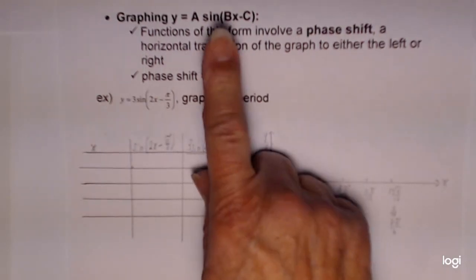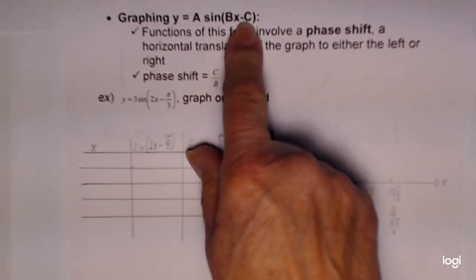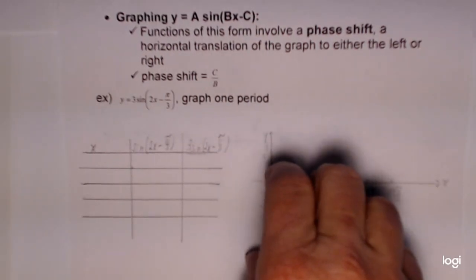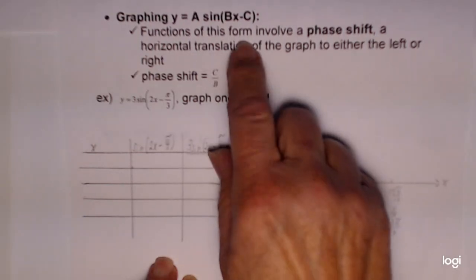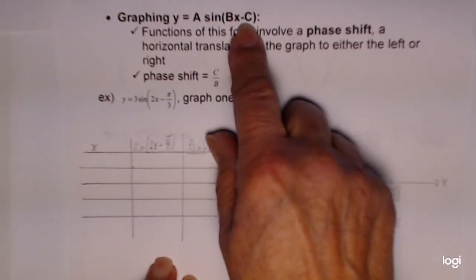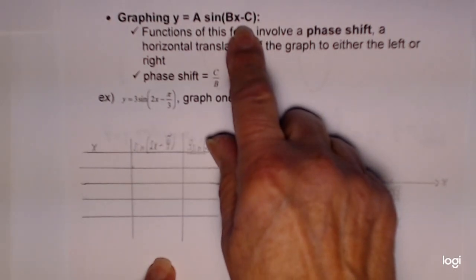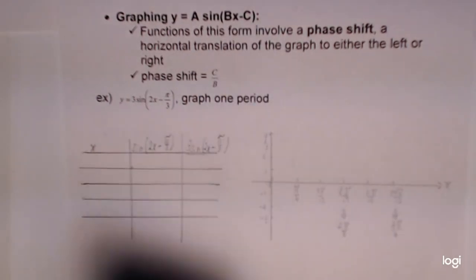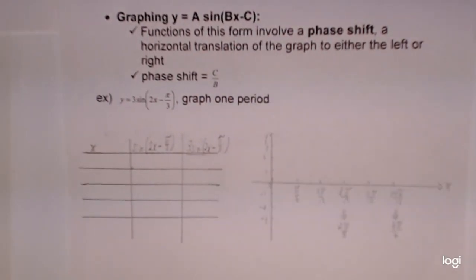So from pre-calculus, we know that this information inside the parentheses with the X represents a horizontal shift, and these are counterintuitive because if we see a negative C here, we're going to move to the right, and if we see positive C here, we're going to move to the left. Generally, we think if we have positive, we're going to go to the right, but this is the opposite or counterintuitive to what we might think.